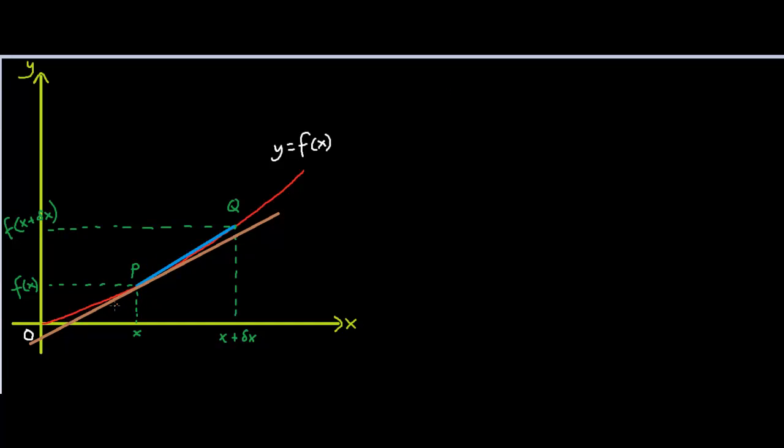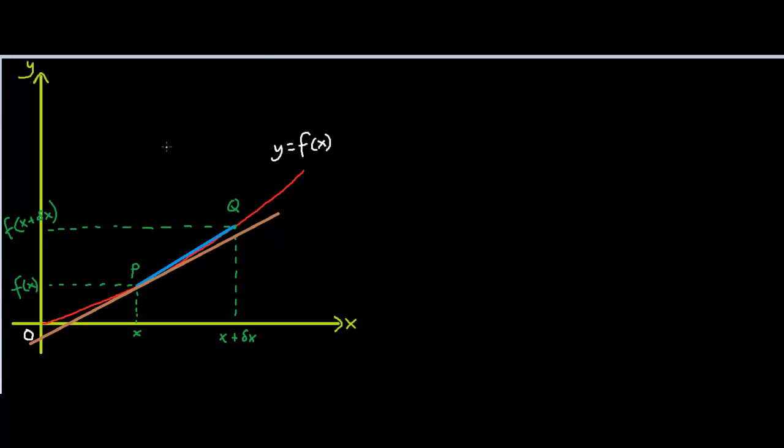Now, to get the gradient of the tangent at the point P, this chord PQ is going to have to get smaller and smaller and smaller until its gradient becomes extremely similar to the gradient of the tangent at P.